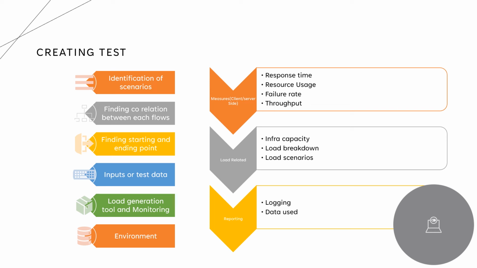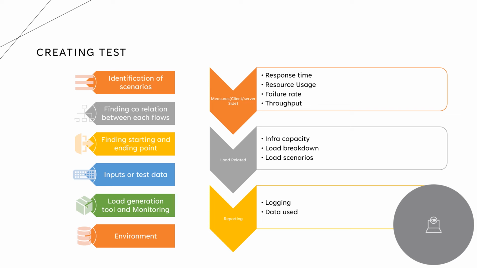Now let's see the load related things which we have to bear in mind when we design a case. We have already discussed that we will be using some kind of tool, and virtual users will be generating the load. Normally we have to start testing at less than the infrastructure capacity of the application. What we do is start the load at a lower percentage and then gradually increase it.